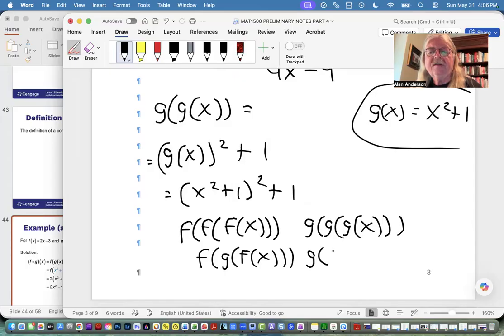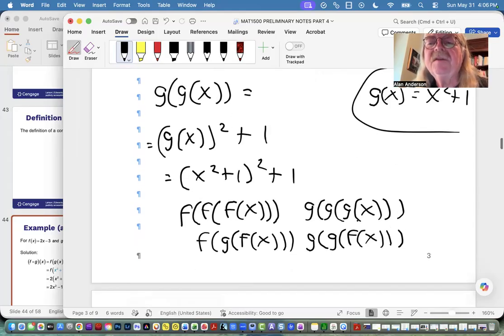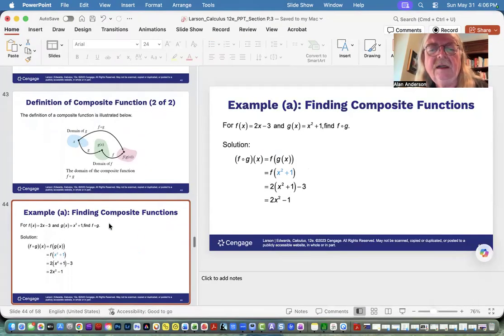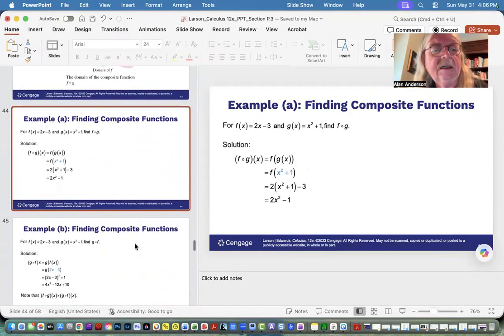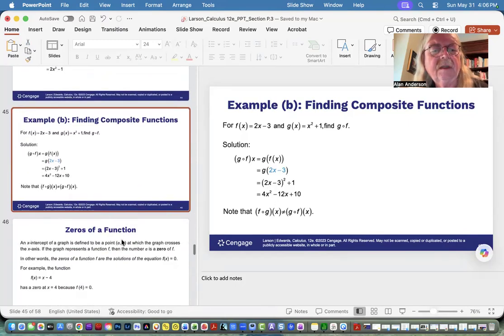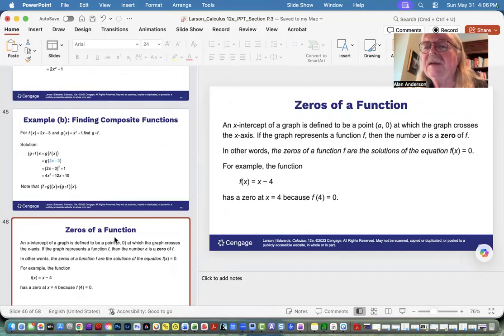Or g of, let's say, g of f of x. Anything goes with composite functions. But normally we don't need to go quite that far. Okay, so I think that's all we needed to say about composite functions for the time being.